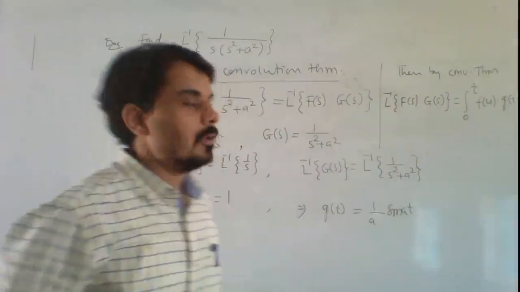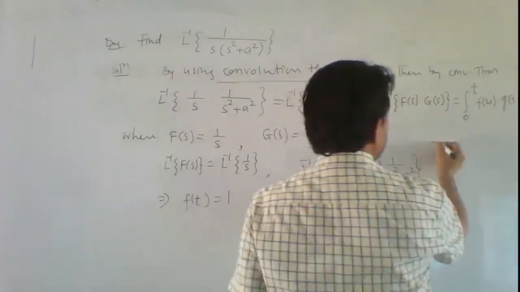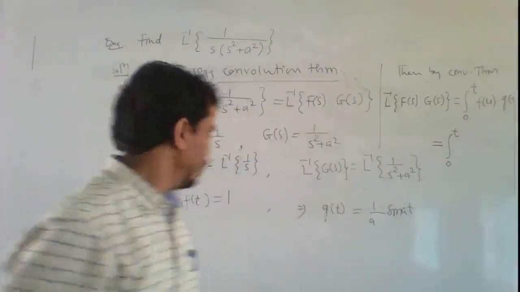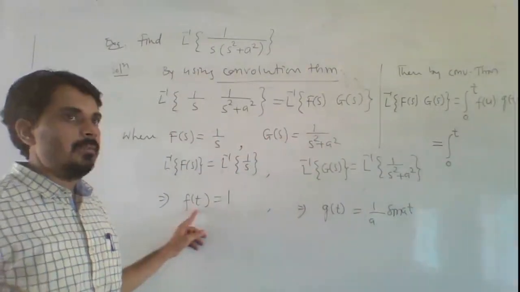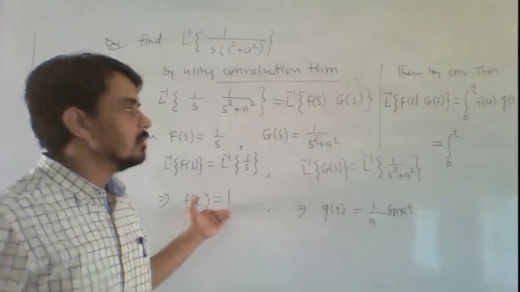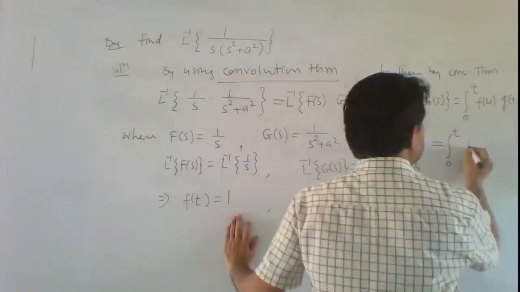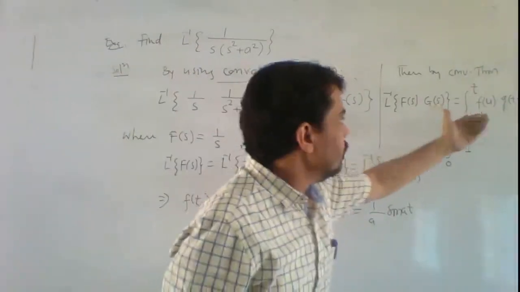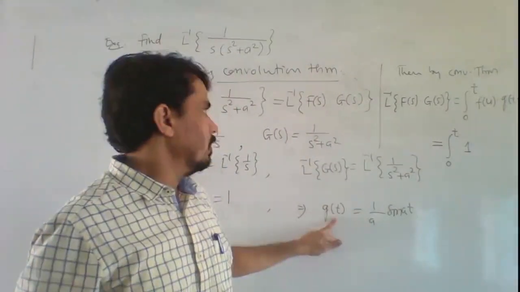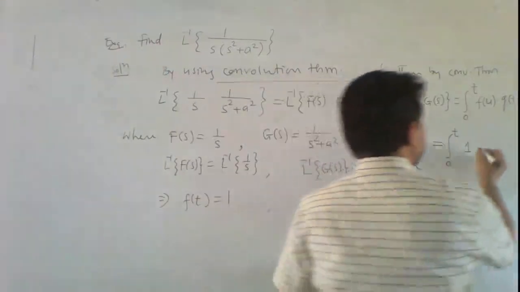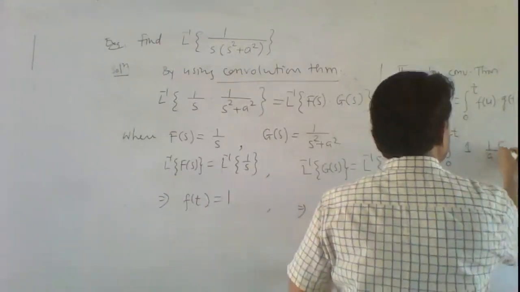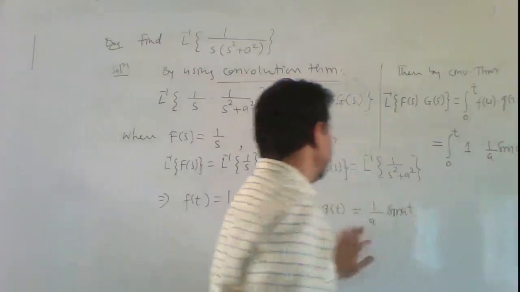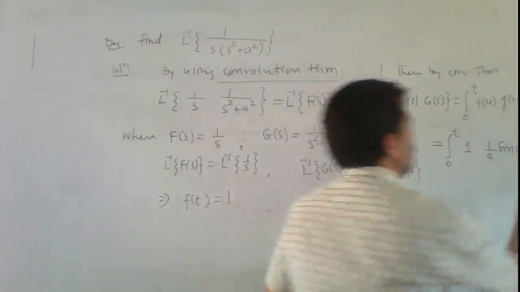This is the formula. Substitute the values. F of t is given as 1, so f of u is 1. To find g of t minus u, g of t is given, so g of t minus u is 1 by a sin a into t minus u. Replace t by t minus u.